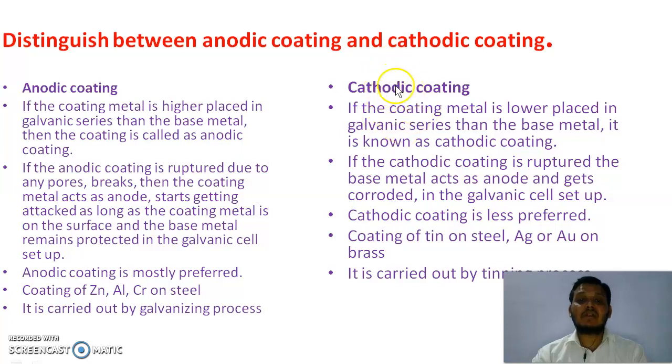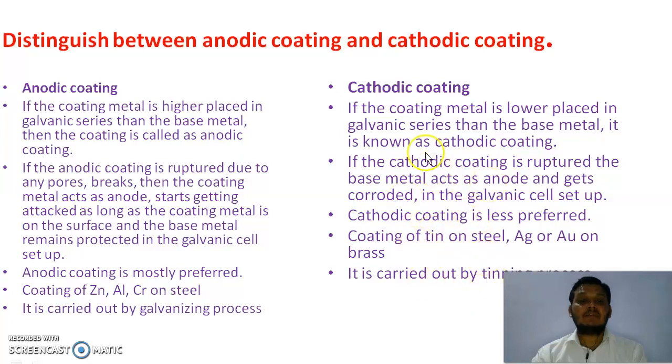Anodic coating is the more preferred coating, and this is the less preferred coating. Anodic coating is carried out by the galvanizing process. Tin coated on steel is the tinning process.